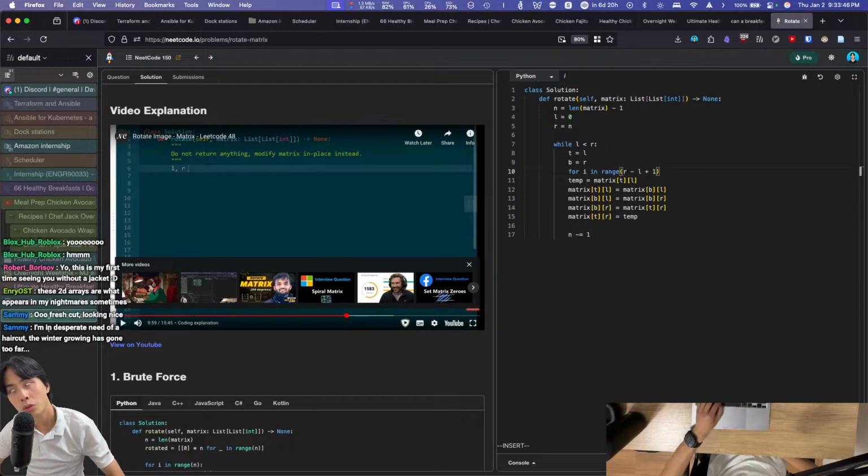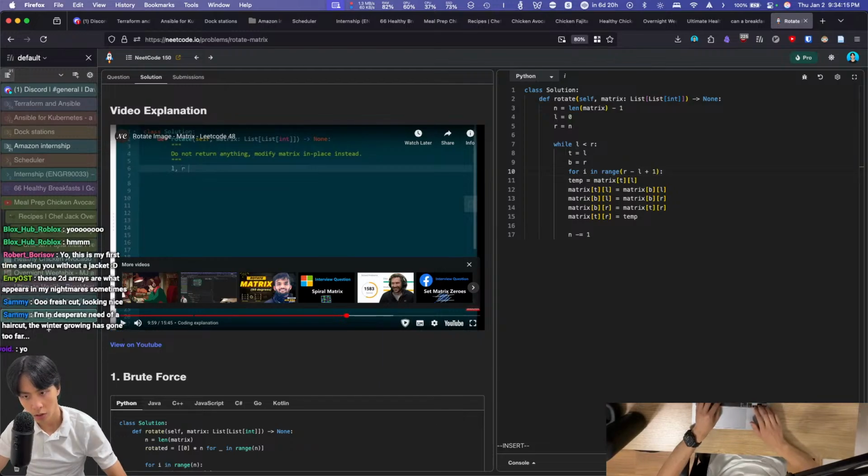So this is including the right and including the left. So if you had 2 and 0, it would be 3 total. So you need 2 minus 0 plus 1 to get 3 total. So that's 3. So 0, 1, 2. You'd get it here. So you only want 0 and 1.